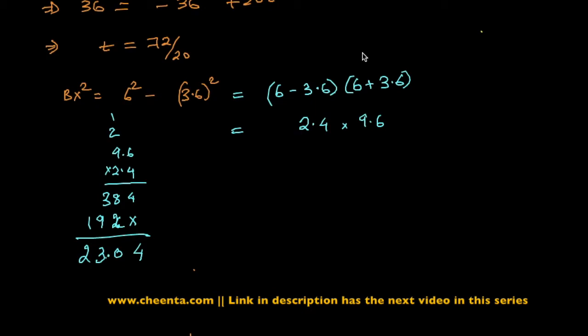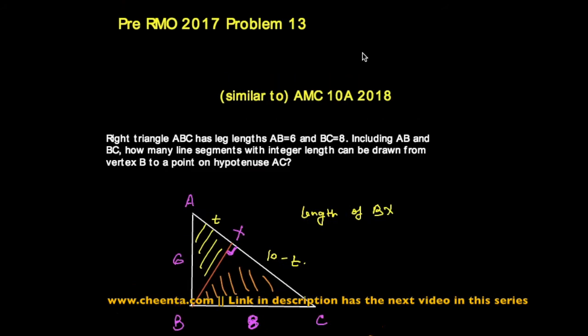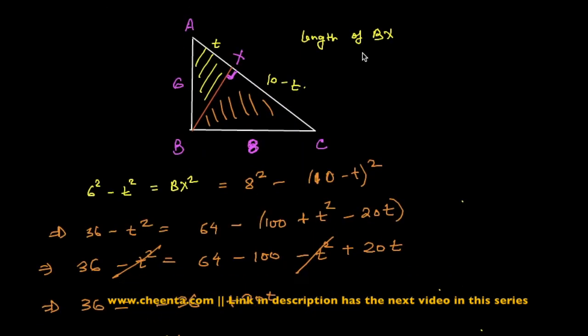So Bx is approximately square root of 23.04, which is certainly less than 5, but more than 4. So this value of Bx down here is somewhere between 4 and 5.